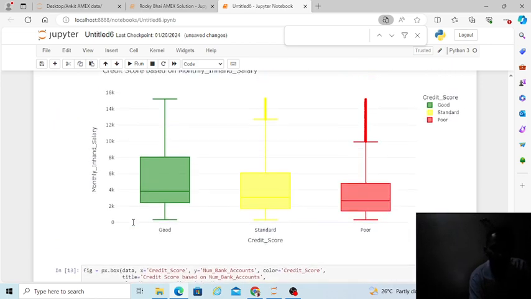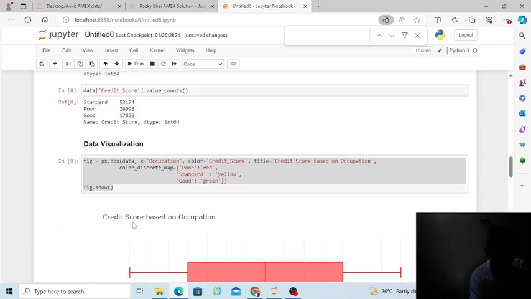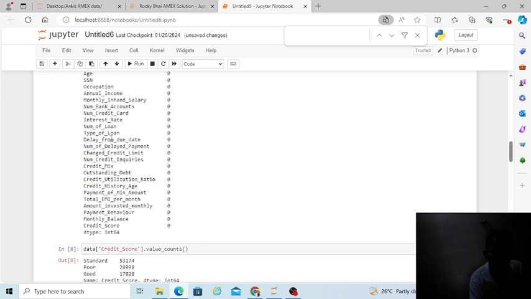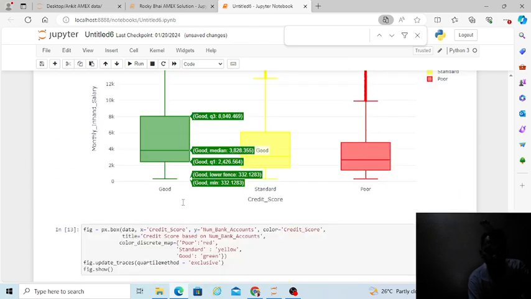Now we will check this for number of credit cards.